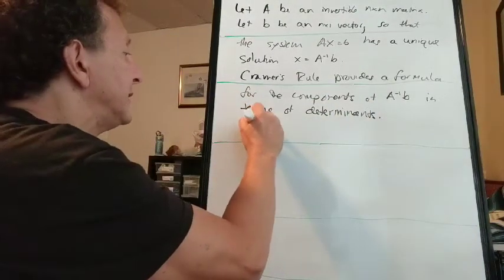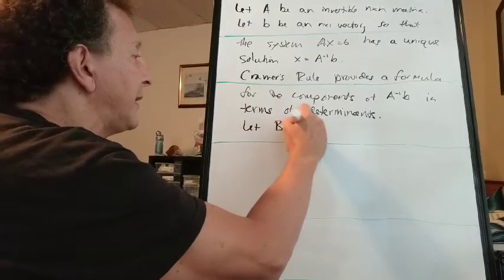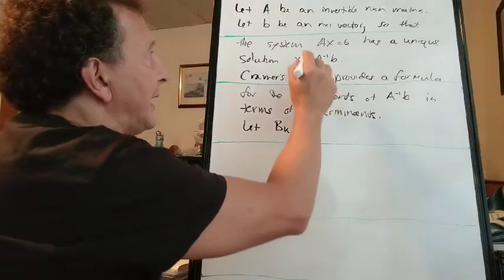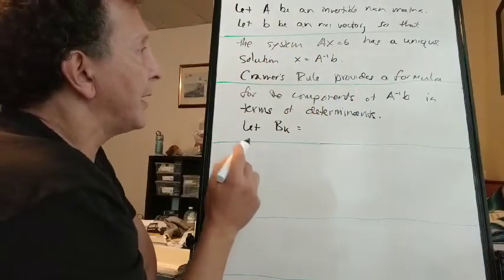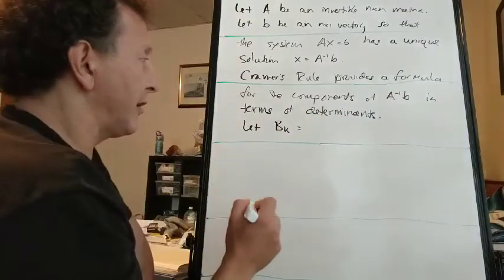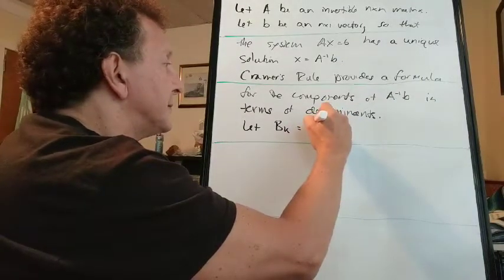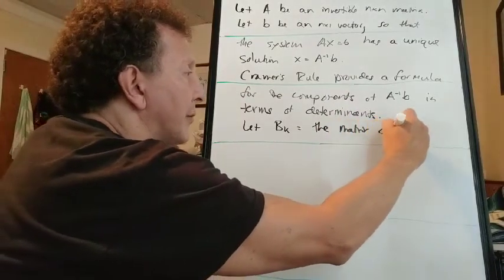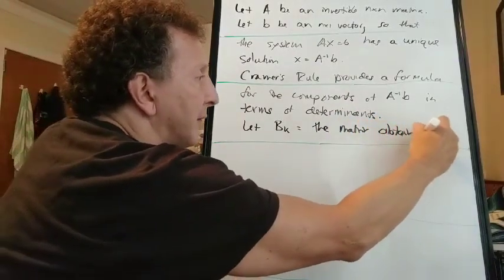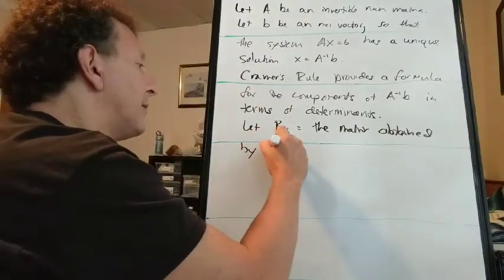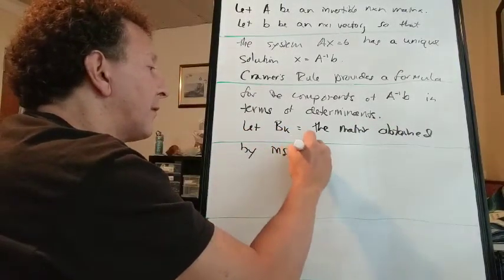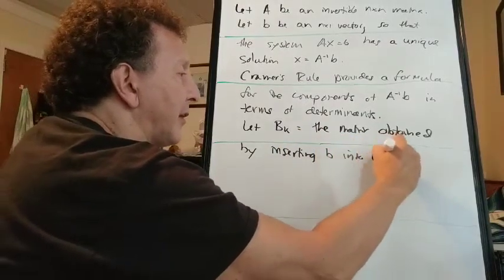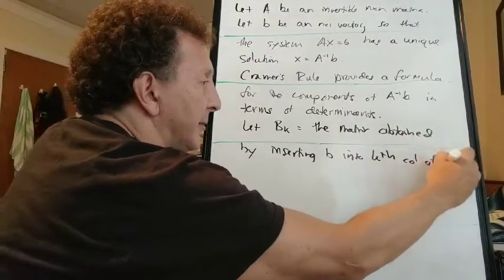So specifically, let's let capital B_k be the matrix we get from A by inserting B in the kth column. So the matrix obtained by inserting B into the kth column of A.